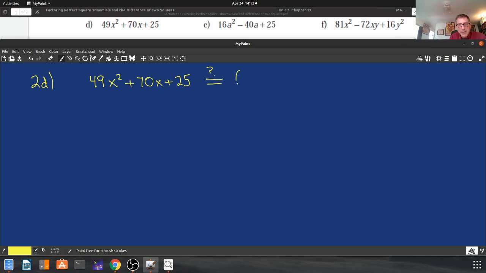So I want to know if I can find a w and a v, since that's a positive, such that this is equal to w plus v squared. That's what I'm looking for. So the square root of 49 is 7, and the square root of x squared is x. So the first term would be 7x squared.